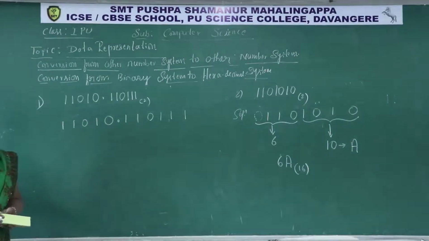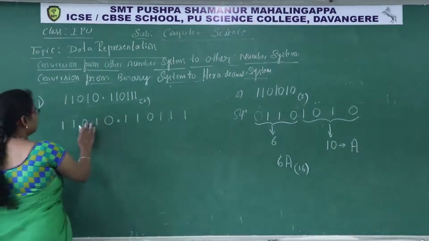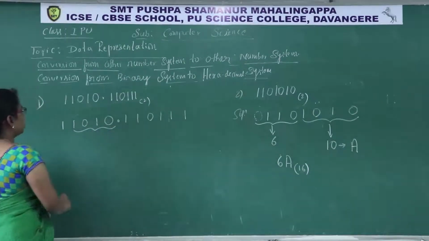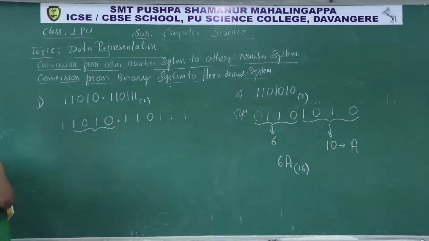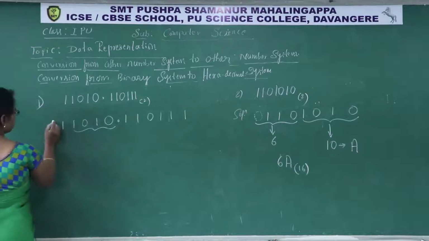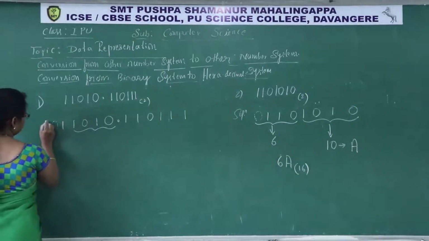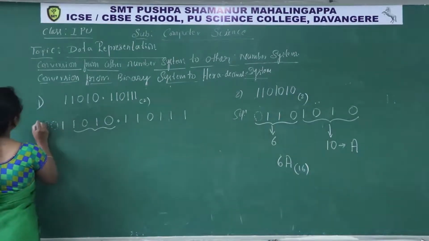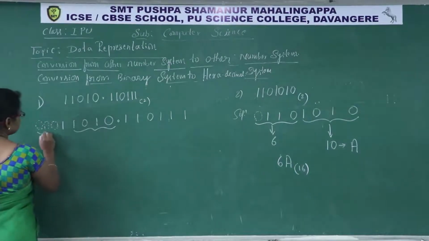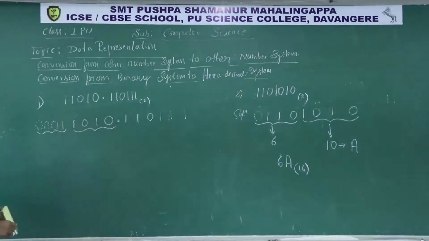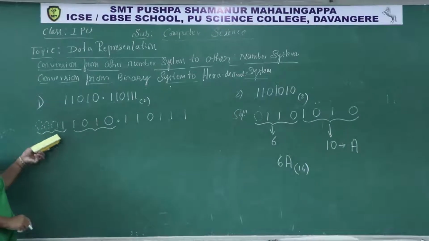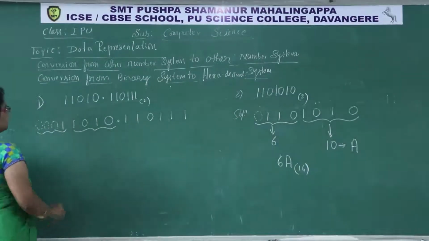We have to make groups of 4 bits here: 1, 2, 3, 4, and 1 bit is left. In order to make 4 bits, we need 3 more bits, and these are filled with dotted zeros. I am writing 3 dotted zeros here, 3 dotted 0 and 1.